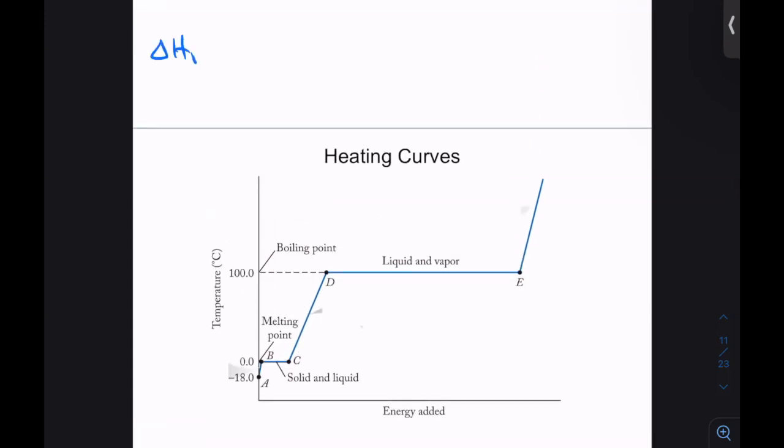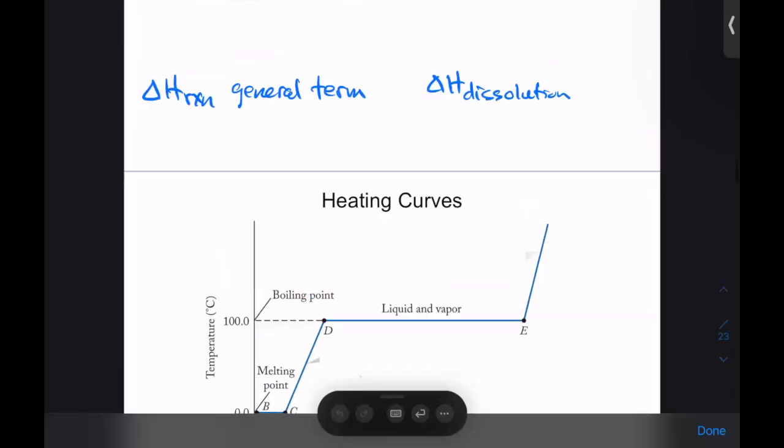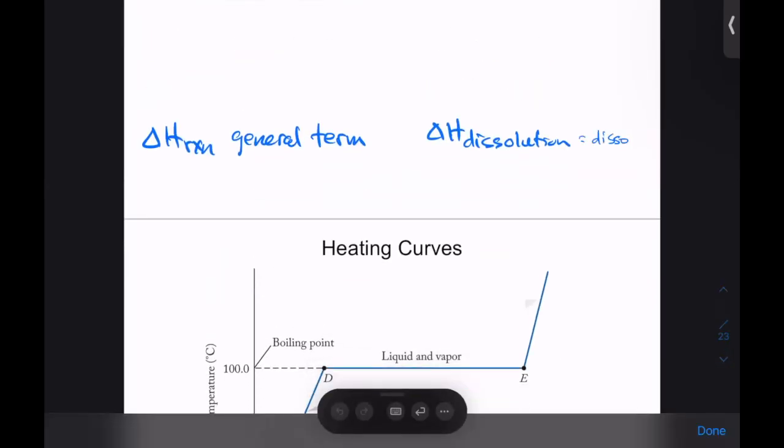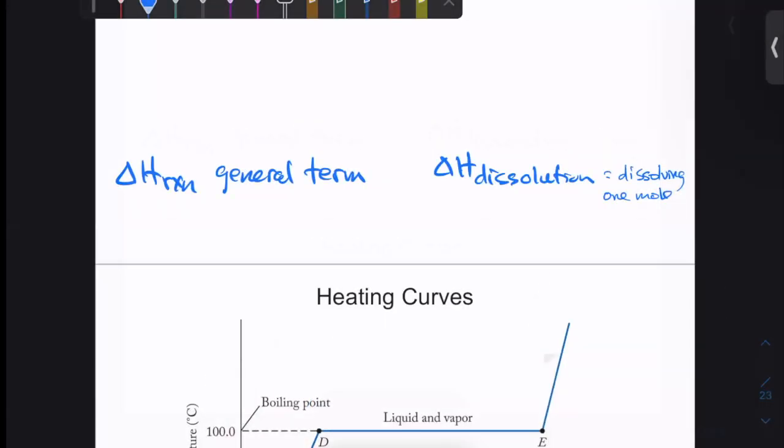Delta H of reaction, remember, is a general term. And we talked about the delta H of dissolution. That's for dissolving 1 mole of something. We can calculate the delta H of combustion if we wanted to.